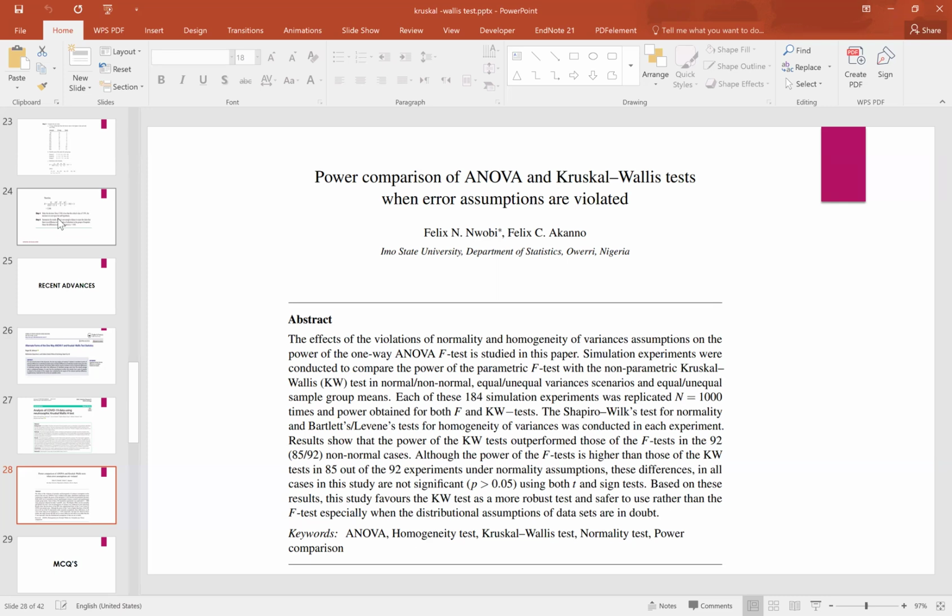These differences in all the cases in the study are not significant using both t and sign tests. Based on these results, this study favors the Kruskal-Wallis test as a more robust test for safe use rather than the F test, specifically when the distribution assumptions of the data sets are doubted.